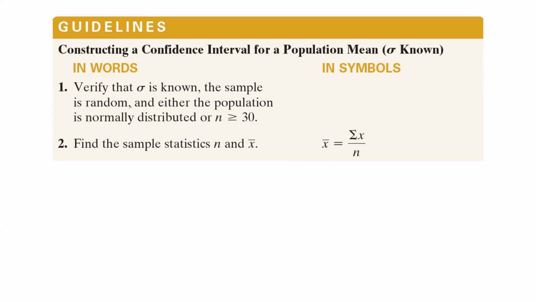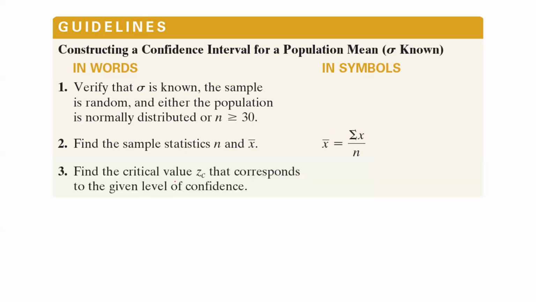The sample is random, and either the population is normally distributed or n is more than or equal to 30. In the next step, you need to find the sample statistics, which are n and x bar. X bar, as you remember, is the sample mean, which is the summation of all values divided by n.